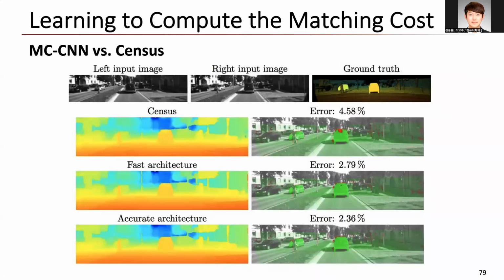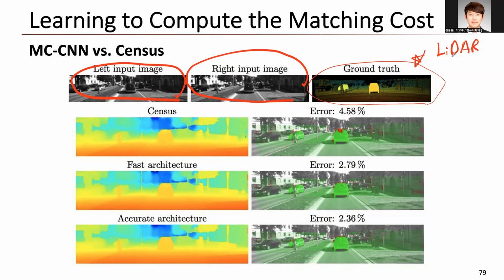Look at this. So this is the left image, and this is the right image, and this is the ground truth. Even though this is a dense matching problem, in the real world, we cannot make dense ground truth. Why? There's no way to measure the real depth for each pixel. But instead, by using hardware like LiDAR, we can obtain sparsely sampled depth information here.